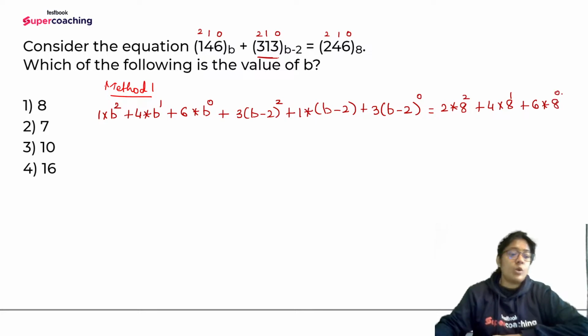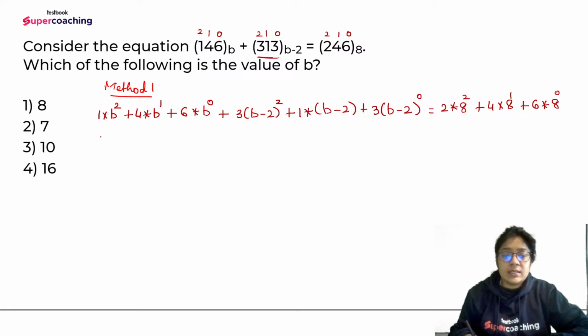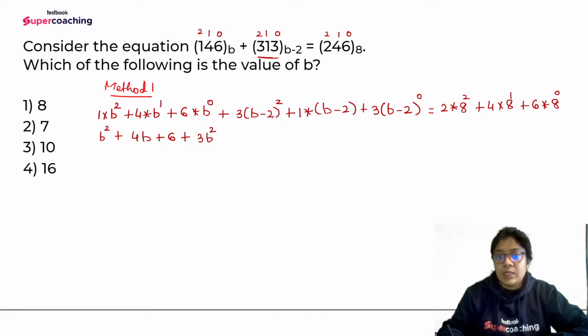Can you tell me what quadratic equation you are getting? So just expand this. This comes out to be b square plus 4b plus 6 plus 3b square plus 4 into 3 is 12, so it will be plus 12 minus 4b into 3 is 12b, minus 12b plus b minus 2 plus 3.